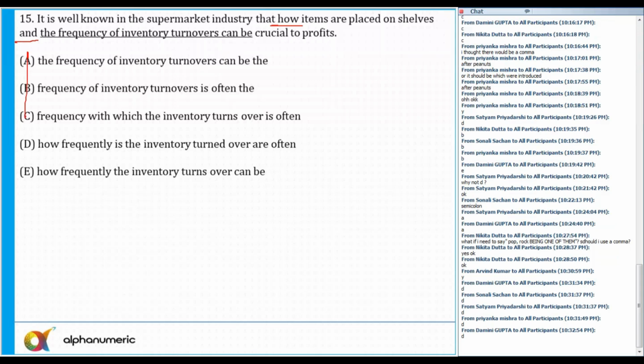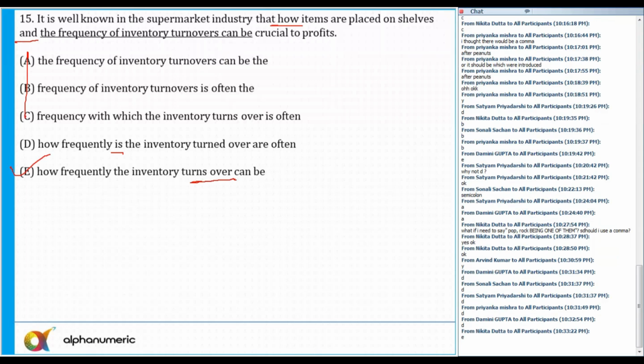So A, B, C immediately gone. And how frequently is the inventory turned over? This is wrong. How frequently the inventory turns over can be crucial to profits. I think E is the answer, not D.